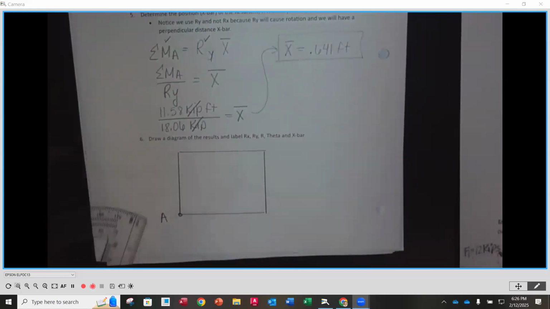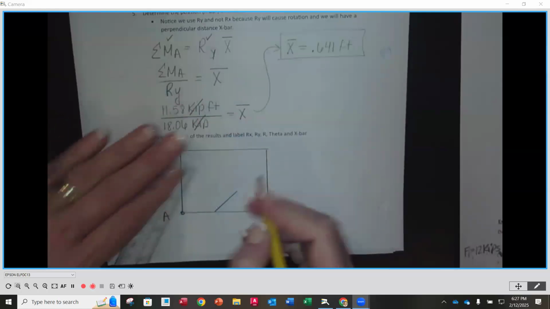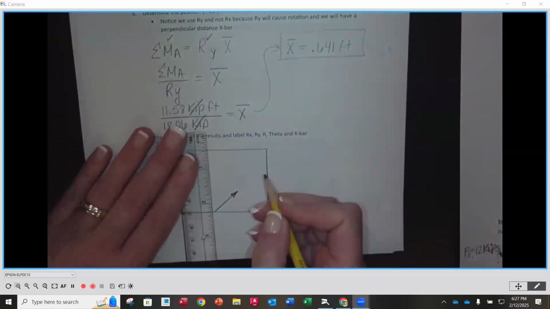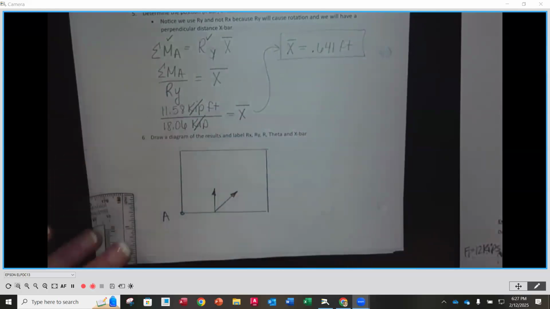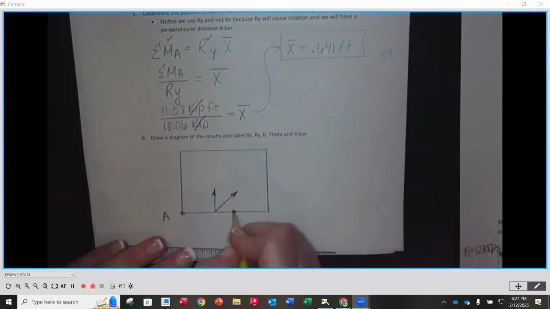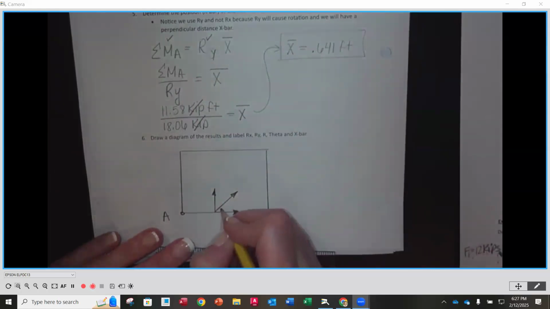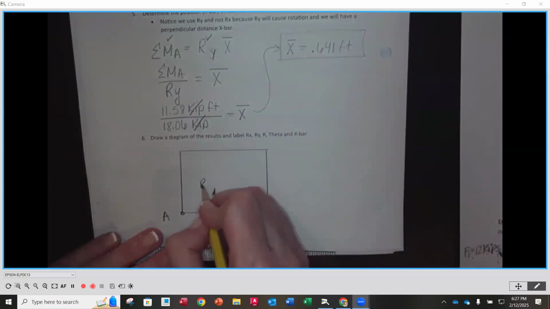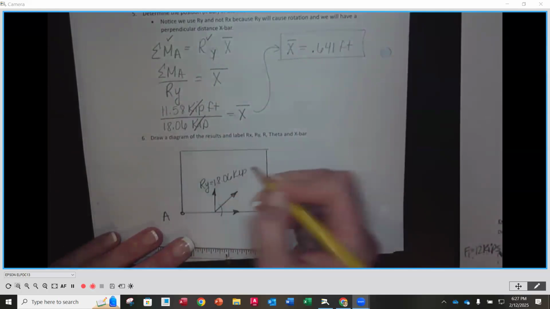Okay. And along that line, we're going to show our resultant. We're going to have that Y component. We're going to have that X component. My proportions are not correct here, but that's okay. So I'm going to have them labeled appropriately. Okay. I'm going to have my RY equals 18.06 kips.